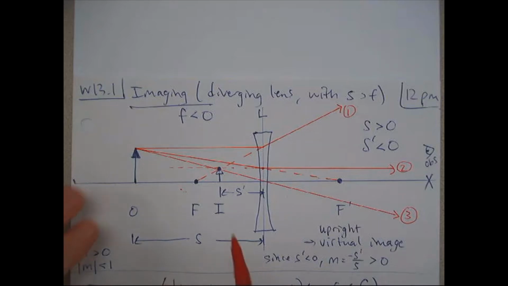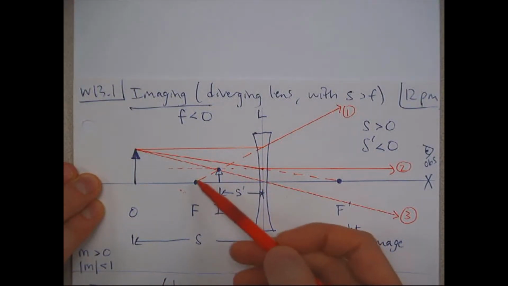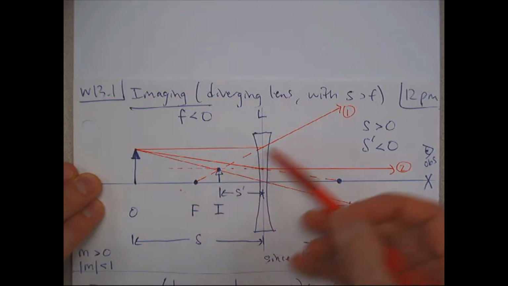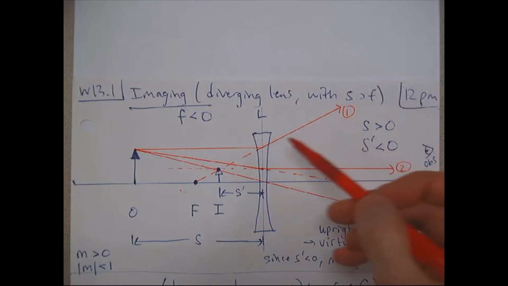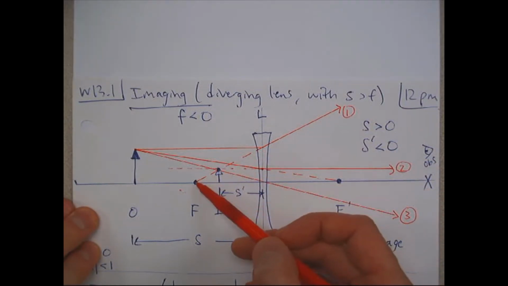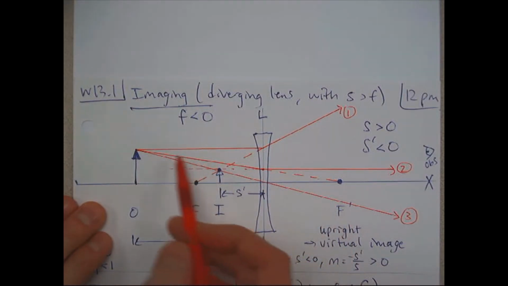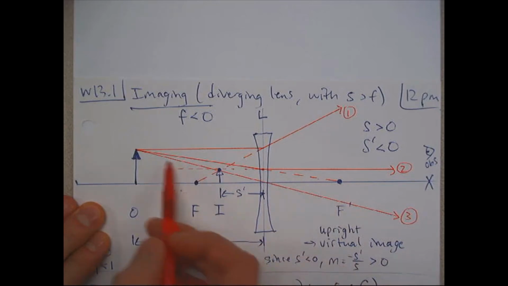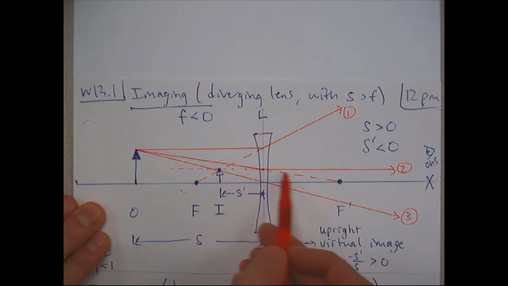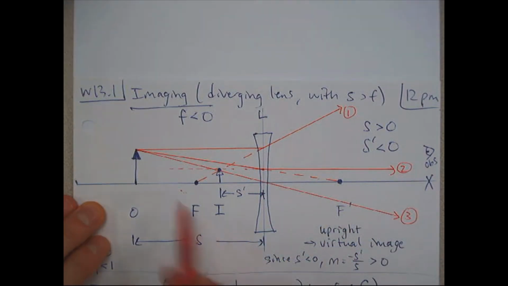In this case, burning tinder, parallel, is supposed to go through the primary focal point, but that's on the wrong side of the lens. So it will emerge in a diverging sense this way, such that it appears to come from that primary focal point. The lighthouse is supposed to travel through the secondary focal point. So you start out with the light moving towards it, but then it will bend at the lens and emerge parallel to the axis.